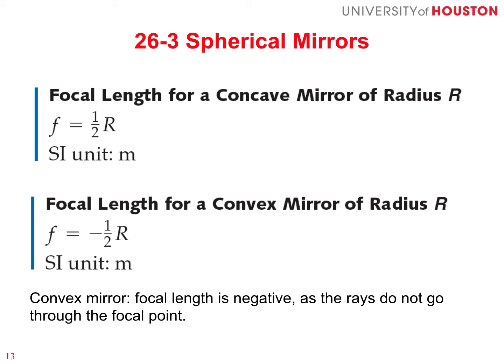In this case, the focal length will be minus half the radius of curvature of the mirror. We assign a negative focal length for a convex mirror and a positive focal length for a concave mirror. The reasons for this will become obvious later.